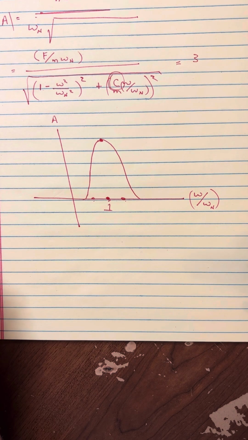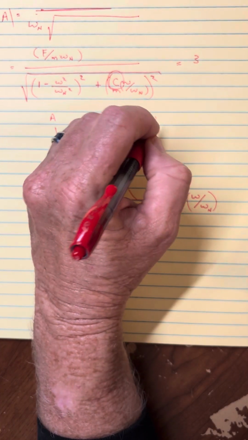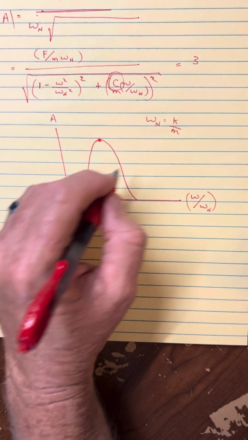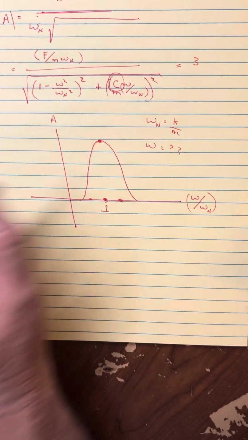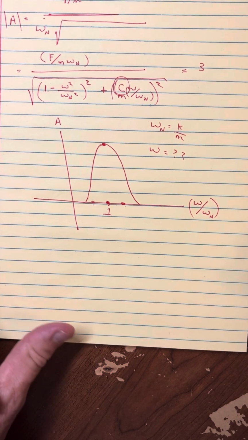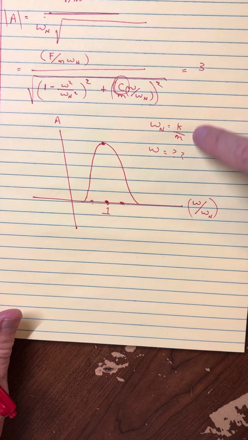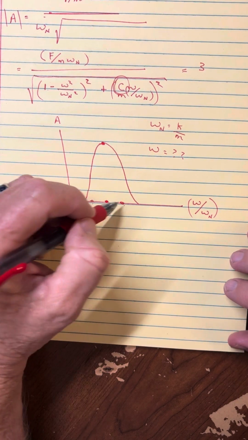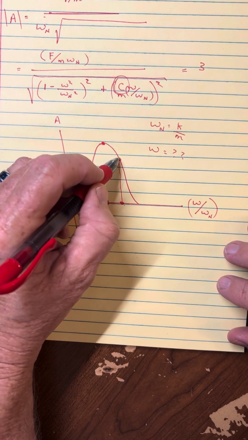And, of course, I'm not sure what the natural frequency was, because that would be your K over M. And I'm not sure what the driving frequency was for your problem. But I'm going to suspect, since it was set up to be a pretty hard problem, they deliberately made these different by a little bit. And so maybe your driving frequency is a little bit higher than your natural frequency. So maybe it's right here.